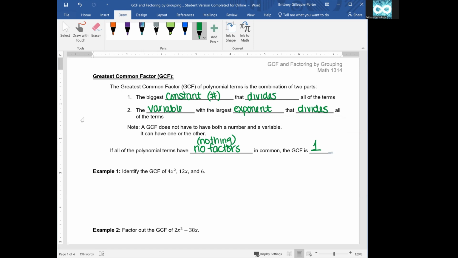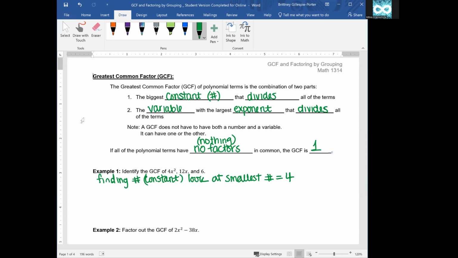Now, when you're trying to find the constant part, we're going to look at the smallest of the numbers. And our smallest number in this case is 4.